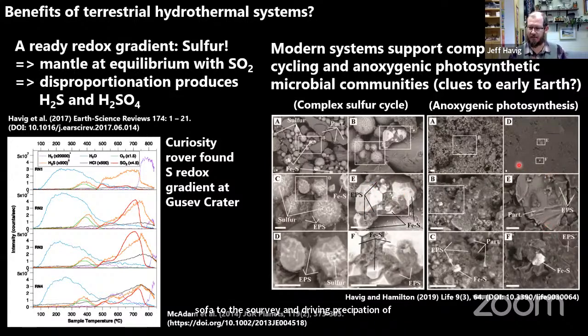Kind of fun. And then on the right, these are SEM images of two different photosynthetic mats. They're anoxygenic photosynthetic mats, where you have iron sulfide precipitating in the photosynthetic mat. So they're definitely not oxygenic photosynthesizers. So definite potential analogs for the types of microbial metabolisms that could have been happening 3.5 billion years ago or earlier.